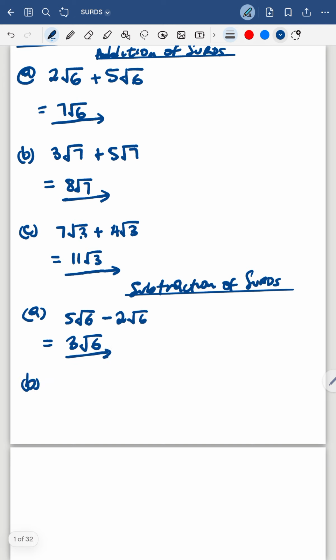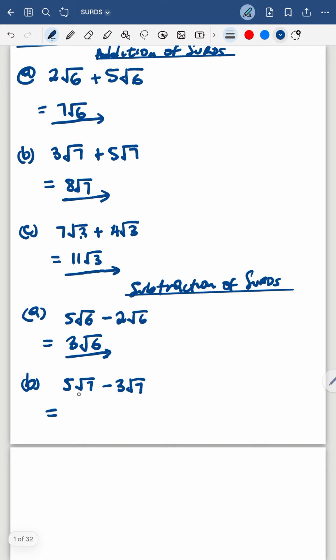B, 3 root 7. Okay, we said we start with the bigger term so that we can avoid the minus. So 5 root 7 minus 3 root 7.